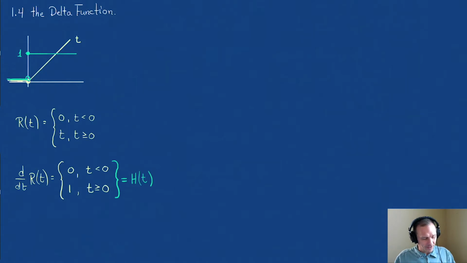Now, let's try this again. Let's take the derivative with respect to t of the Heaviside function. We'll do this both visually and graphically.